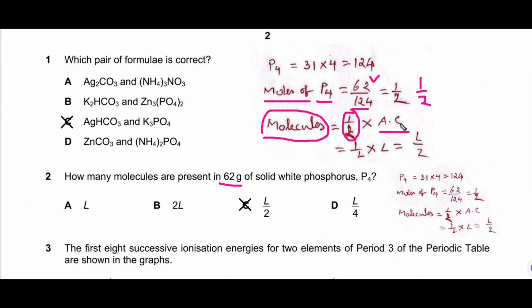So half times the Avogadro constant L, so this answer will be L by 2 molecules.